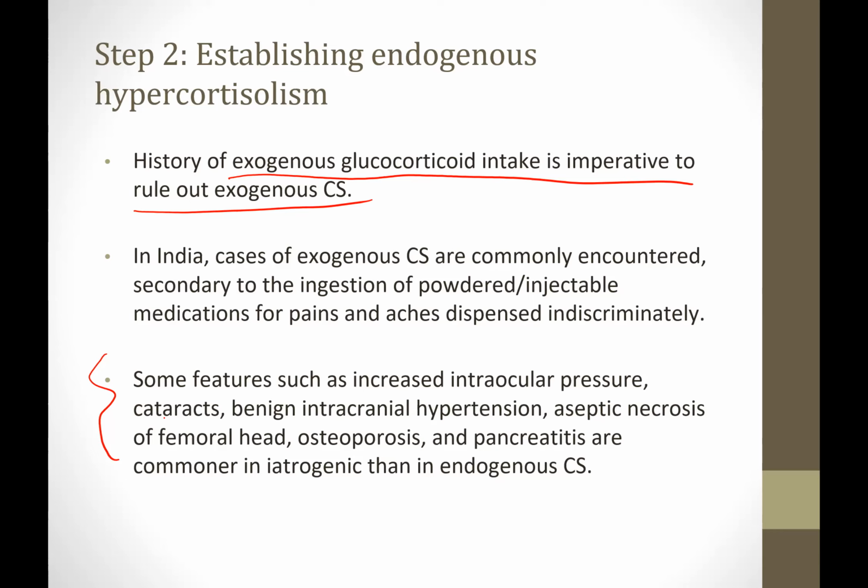First of all, exclude exogenous intake. And how do I differentiate exogenous from endogenous? The last paragraph on the slide is illustrative. Intraocular pressure, cataract, benign intracranial hypertension, aseptic necrosis of the femoral head, osteoporosis, pancreatitis are the common iatrogenic features. We had a boy around 15 years who had aseptic necrosis of the femoral head.